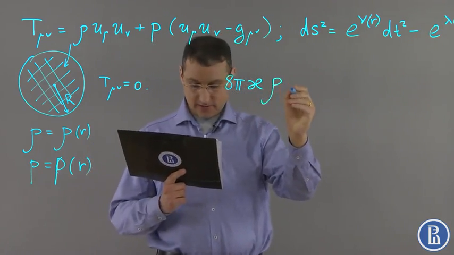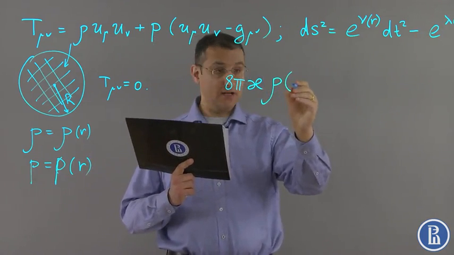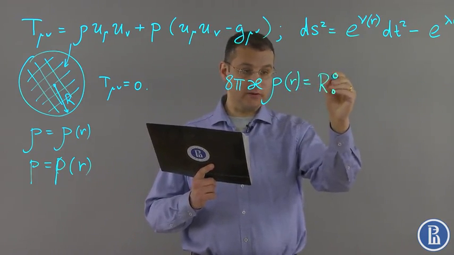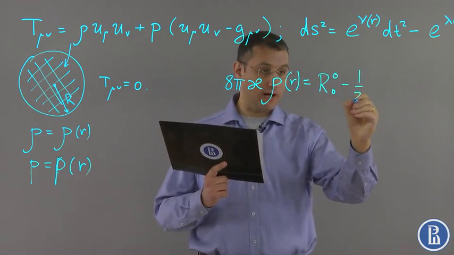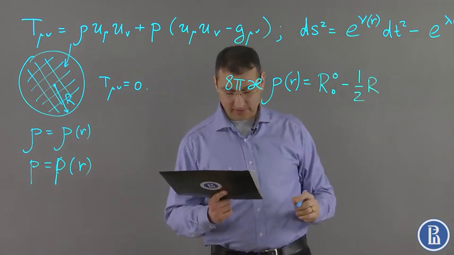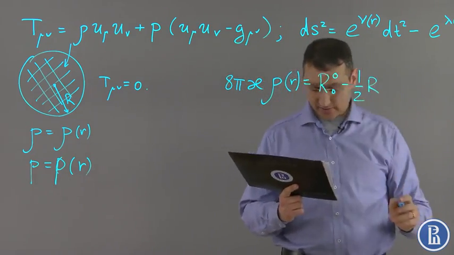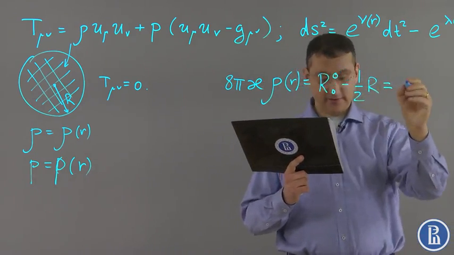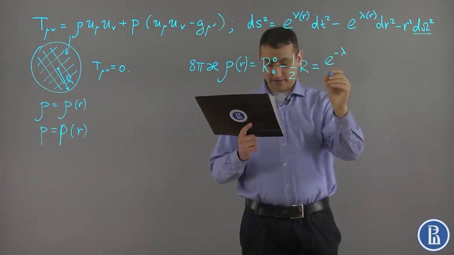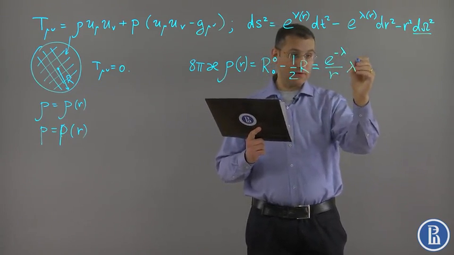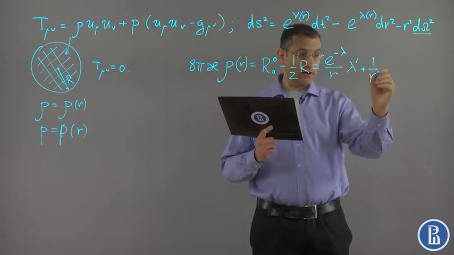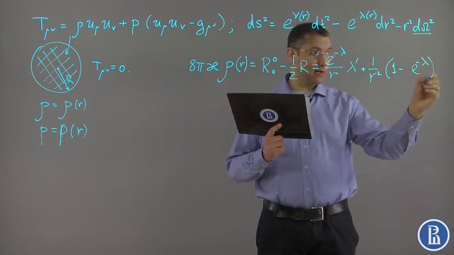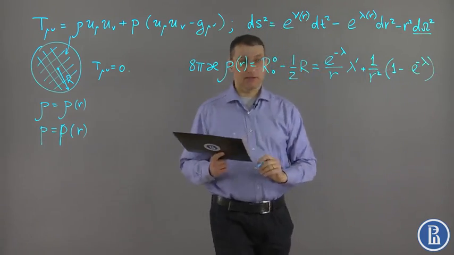So the equations are as follows. 8 pi kappa rho is R00 minus half R, the 00 component of the Ricci tensor and scalar, which for this metric is minus lambda divided by r, lambda prime plus 1 over r squared times 1 minus exponent of lambda.